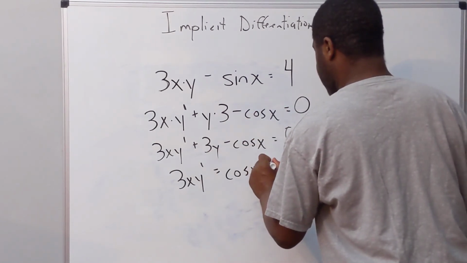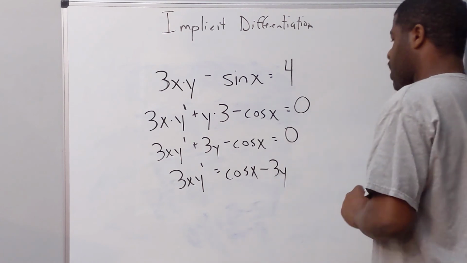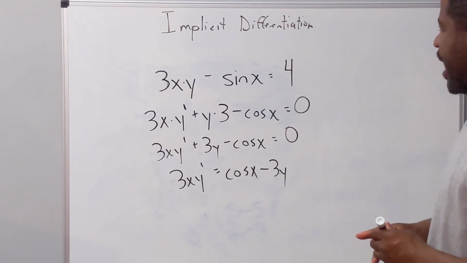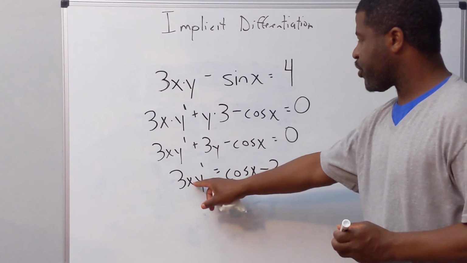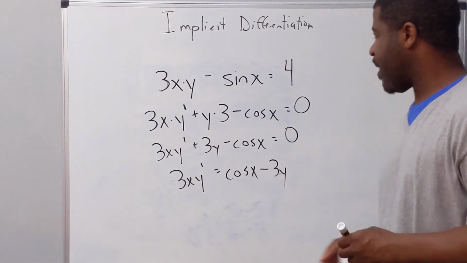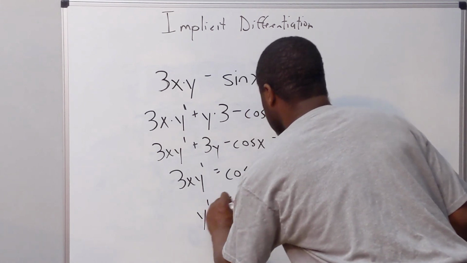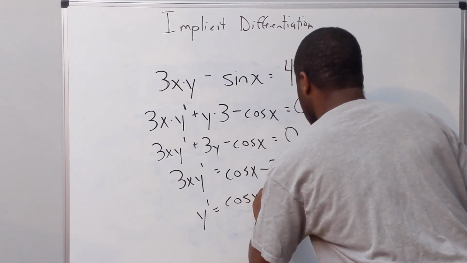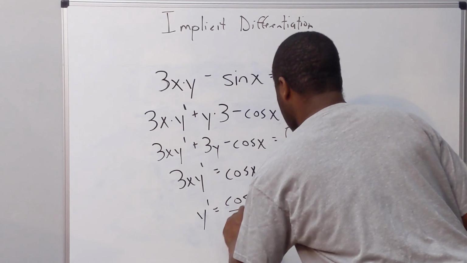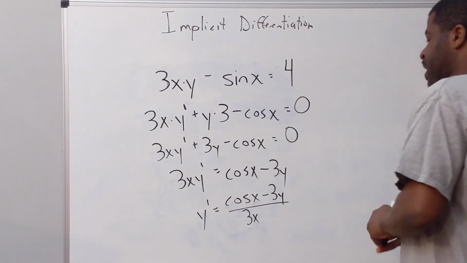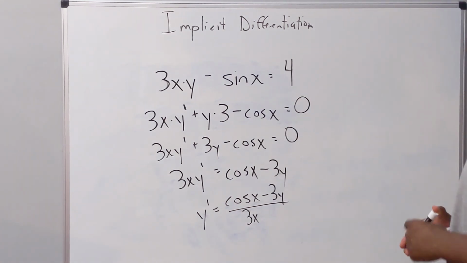This 3y becomes negative. And now, since we're multiplying by 3x, we need to divide both sides by 3x. So this is going to be y prime is equal to cosine x minus 3y over 3x. That's our answer.